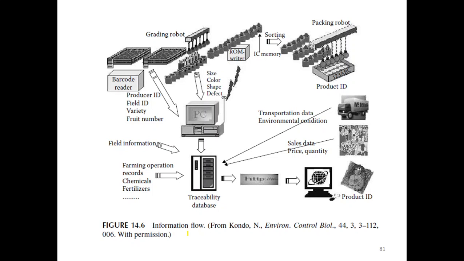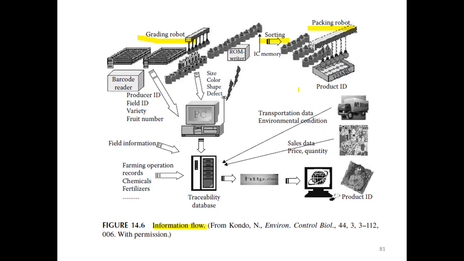And here is another figure showing the information flow of the fruit processing. After the harvest, here we can see the grading robot and the sorting and packing robot.